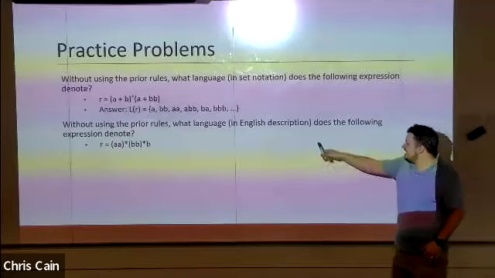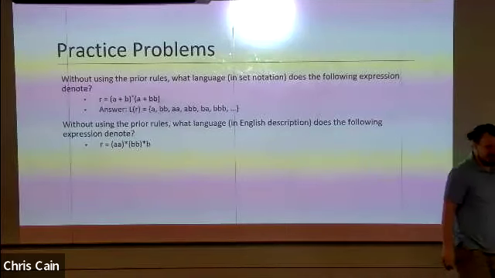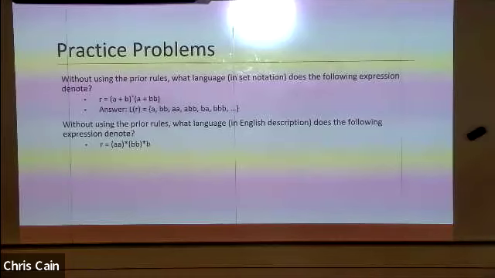Note that I don't want a technical English description. I don't want the star closure of, that's not an English description. That is an automata theory description. So come up with an actual English description that a third grader might be able to understand.